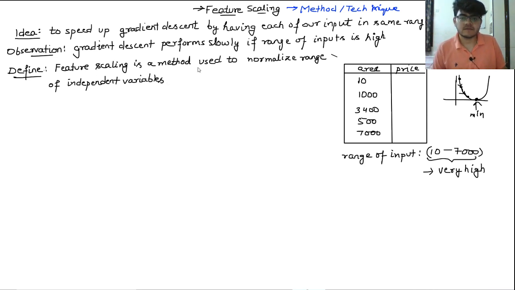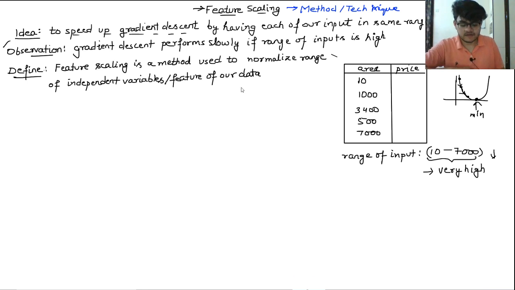Normalize means we are going to reduce this range to a much smaller range, and we do this because it will speed up gradient descent, and that's our observation. We can also say variables or features of our data. So that's the definition of feature scaling.